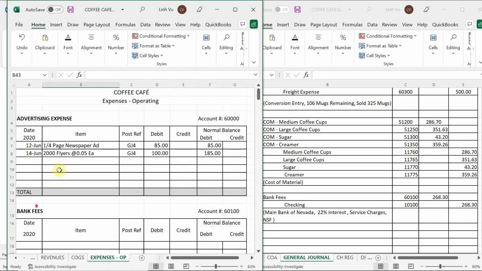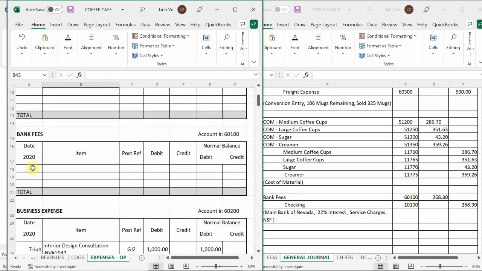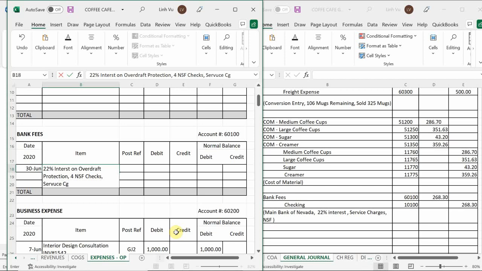So go to your expenses. You have some bank fees. Okay. You could write all the information you want: 22% interest on overdraft, overdraft protection, for NSF checks, and service charges.